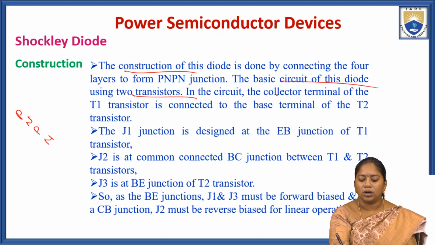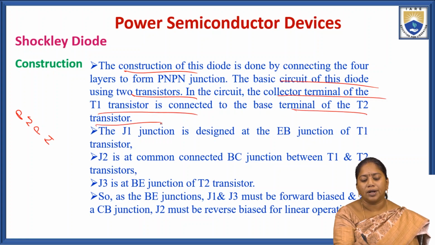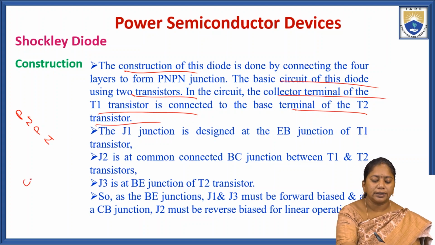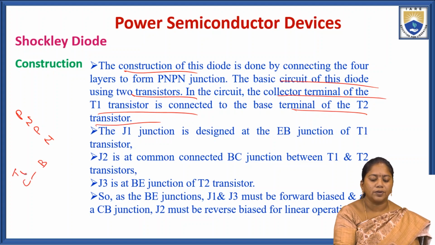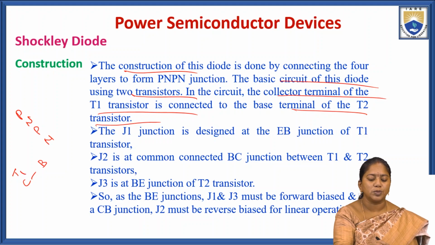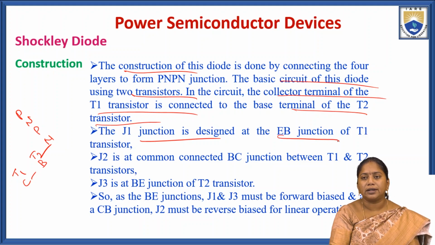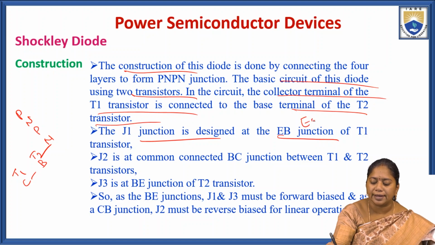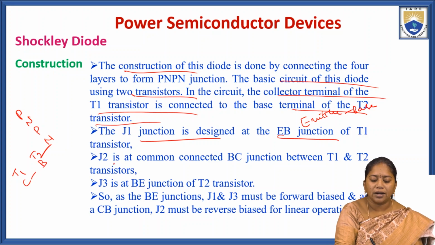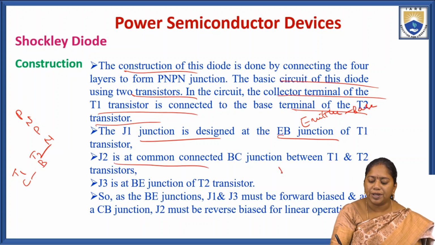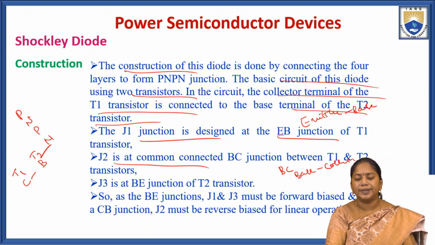In the circuit, the collector terminal of transistor T1 is connected to the base terminal of transistor T2. Junction J1 is the emitter-base junction of T1. J2 is the common base-collector junction of T1 and T2.